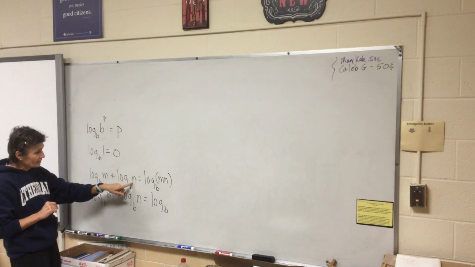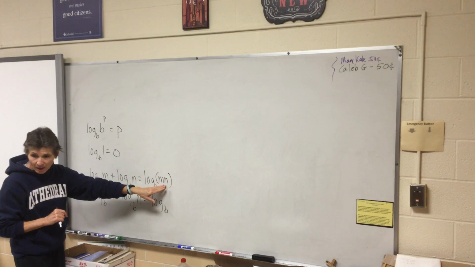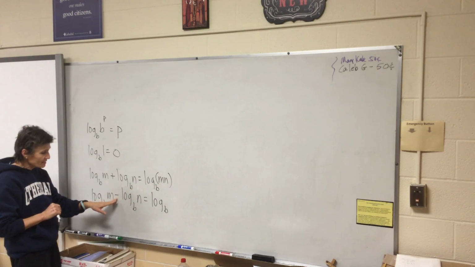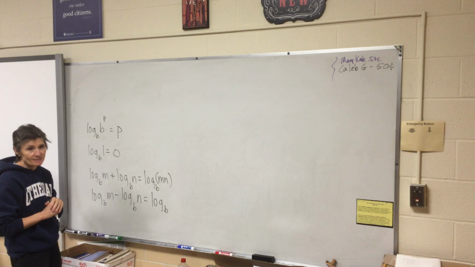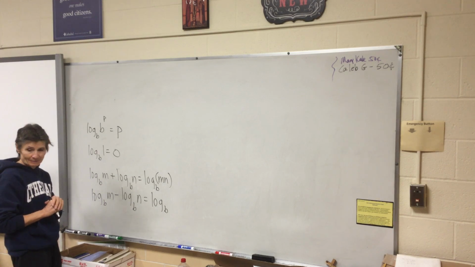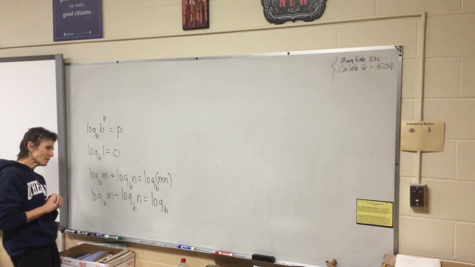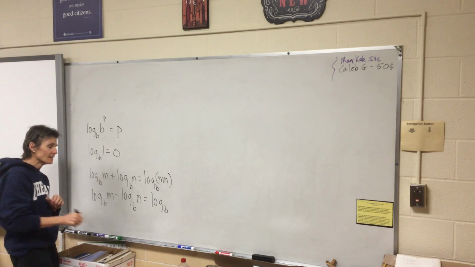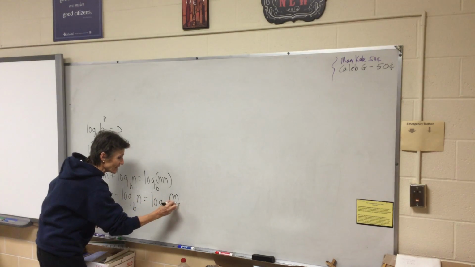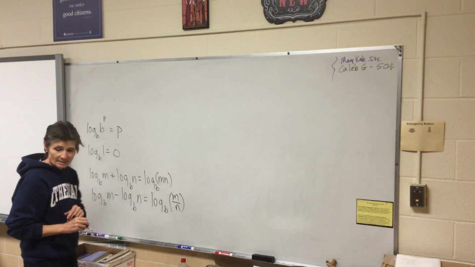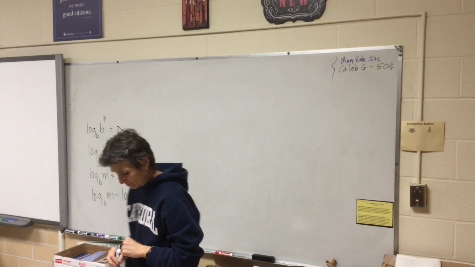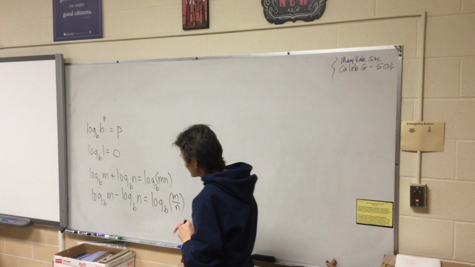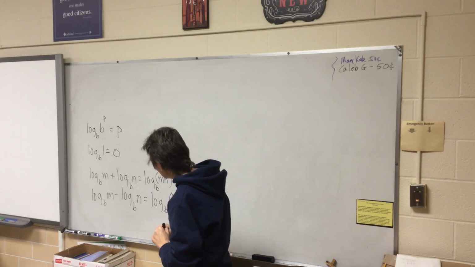If the addition is combined as a multiply, what do you think the subtraction will be combined as? Negative mn? Oh, that's a great idea. It actually is combined as a division. So we're going to practice some of these in a minute. Right now, you're just putting down the properties.